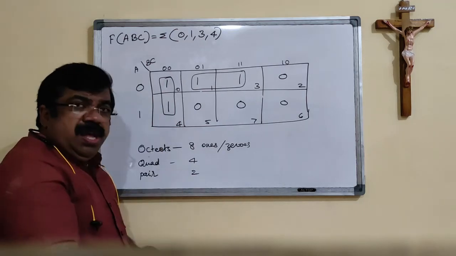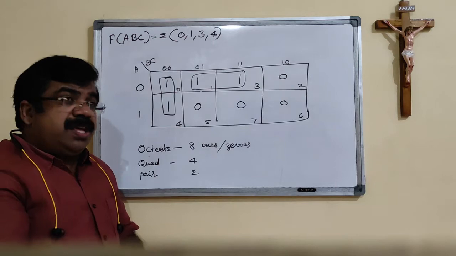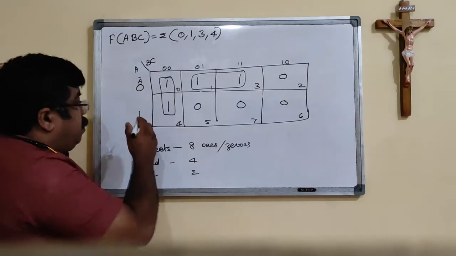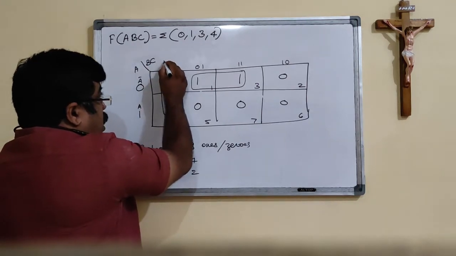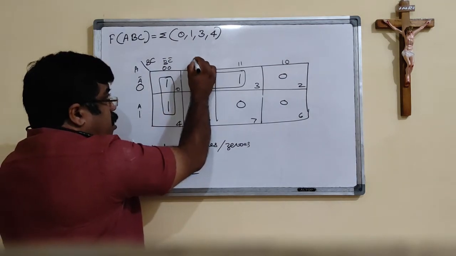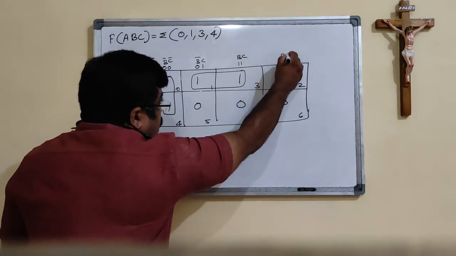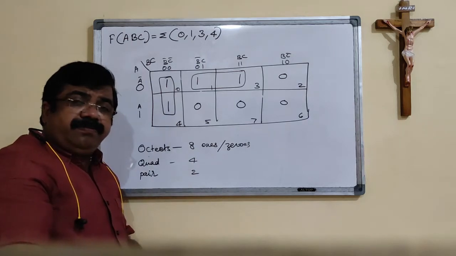Now in this one, we did not write those variables. What are they? The 0 represents a bar, we did not write it. This is representing 1. 0 0 are representing B bar C bar. We already saw that. This is representing B bar C, this is representing BC, and this is representing BC bar. This you could have written earlier.